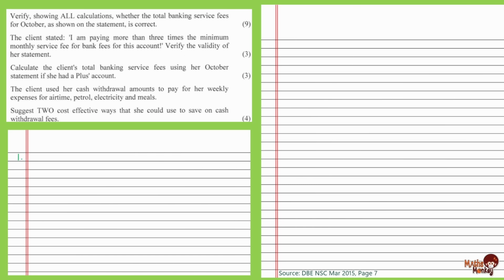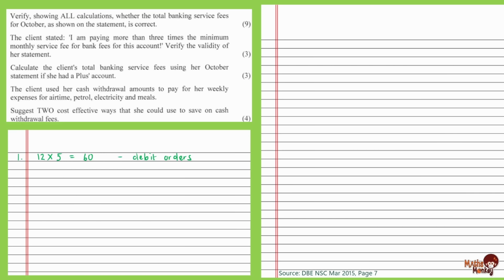So I'm going to say 12 multiplied by 5. Let me just take my calculator out quickly. 12 multiplied by 5 gives us 60 Rand, and this is for our debit orders. That was fairly easy.